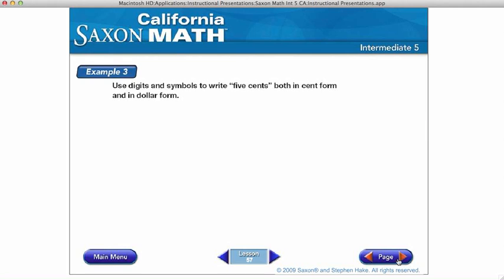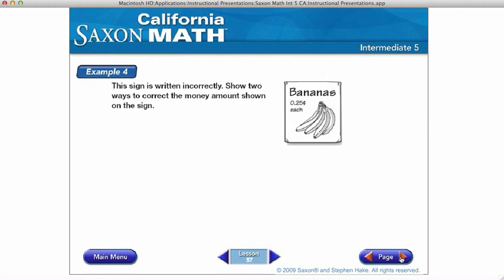One using the cent sign, one using the dollar sign and the decimal. All right, example 4. This sign is written incorrectly. This sign right here. Show 2 ways to correct the money amount shown on the sign.